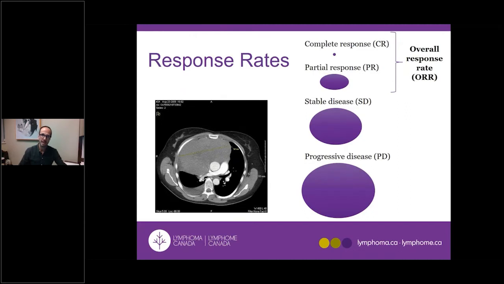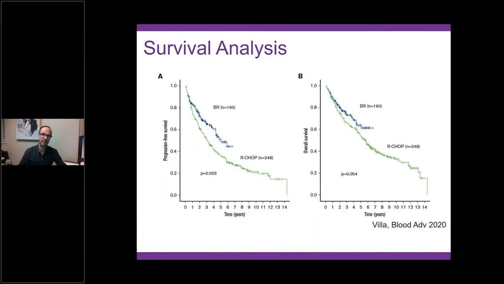So this is an example of a metric that we use to gauge the effectiveness of our therapies. Now, the other metric that we use to gauge the efficacy of our therapies is how patients do in the long term. The way we quantify that is with something called survival analysis, or Kaplan-Meier curves. I've shown you an example here of what this looks like.